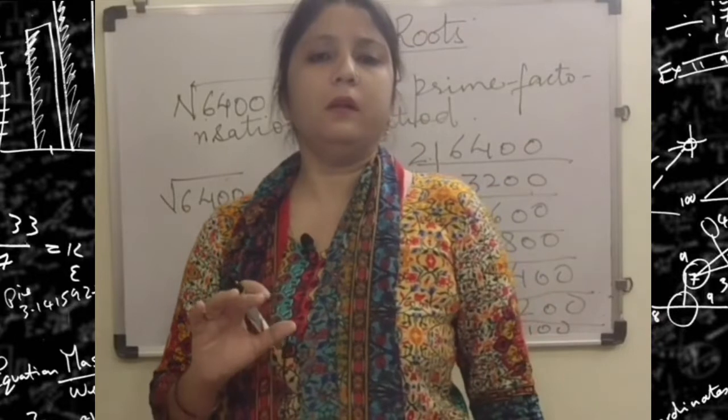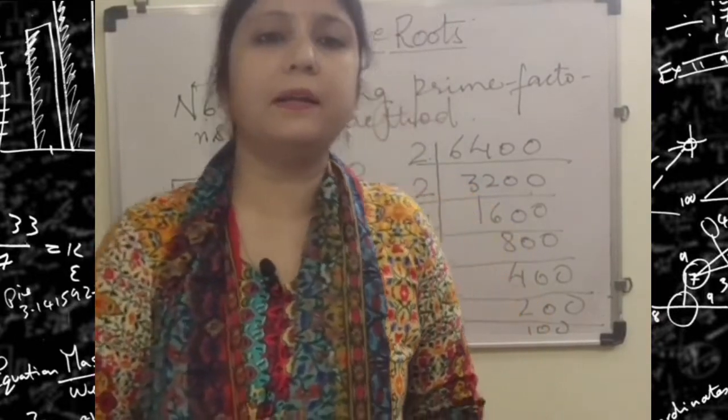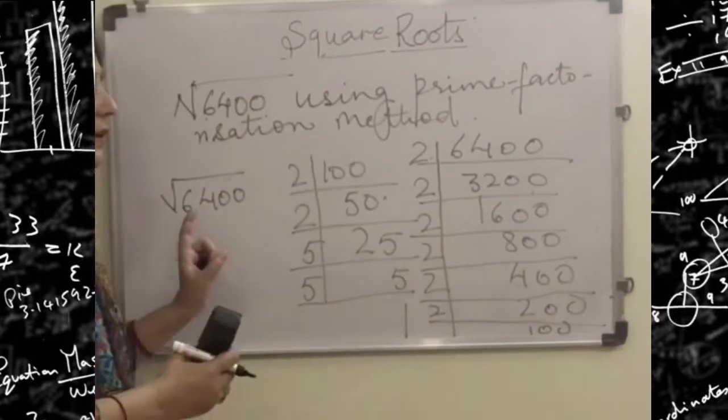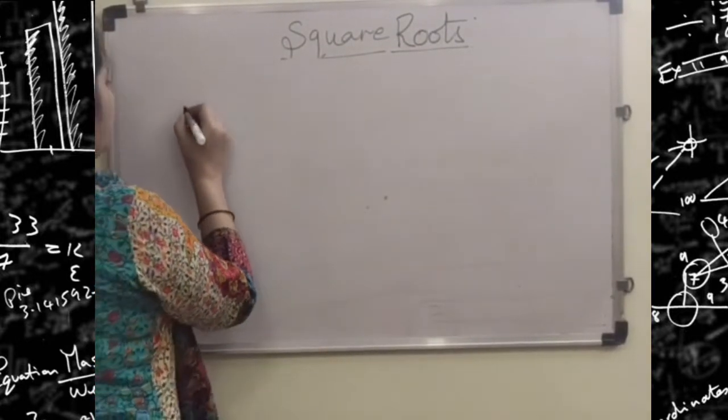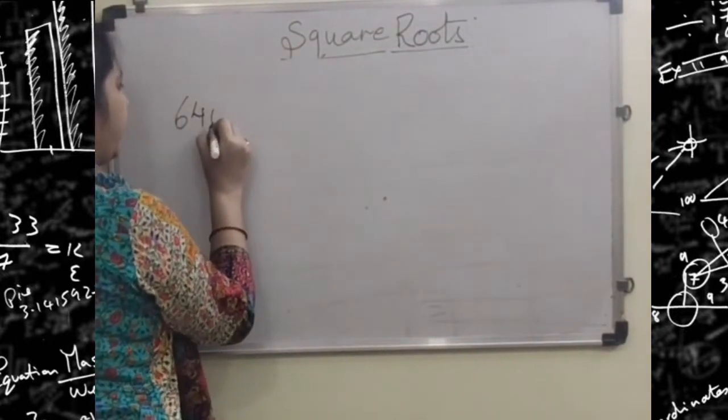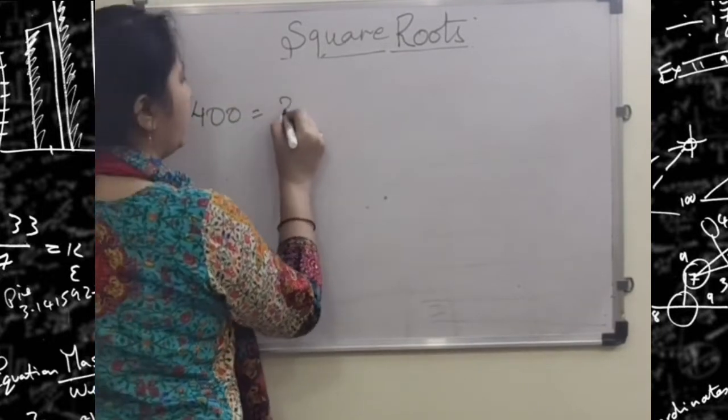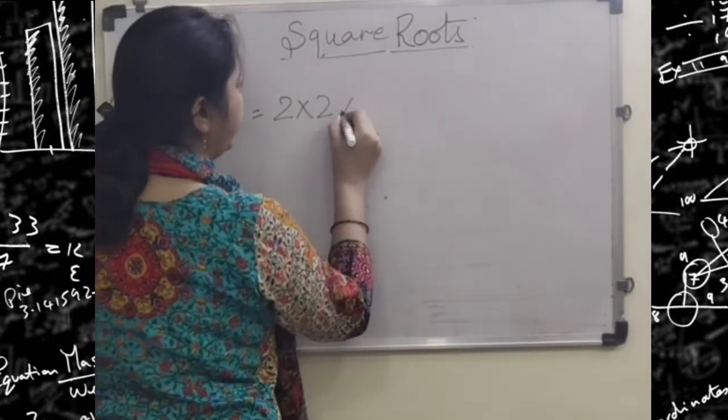After getting all the prime factors, now the next step is to express the number as the product of its prime factors.